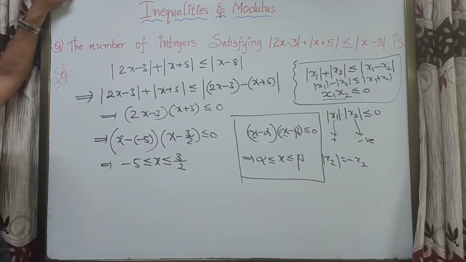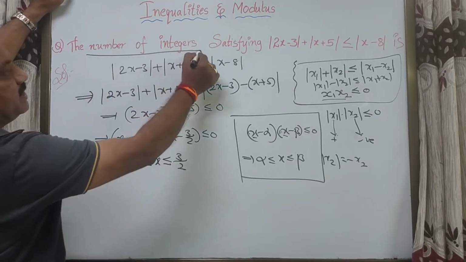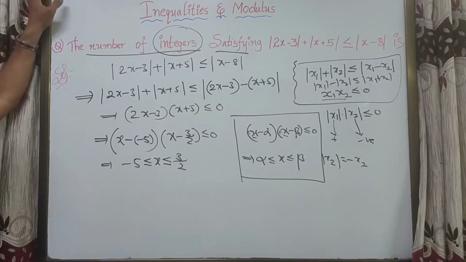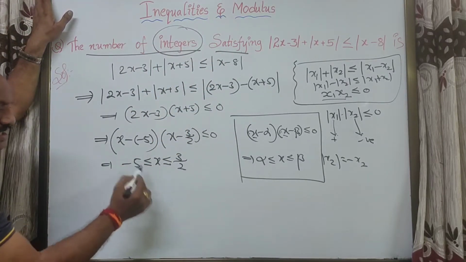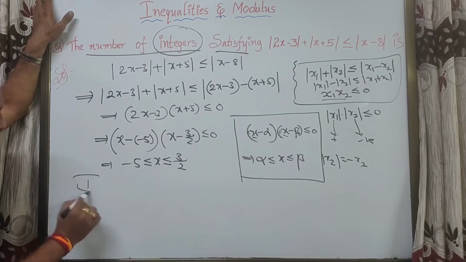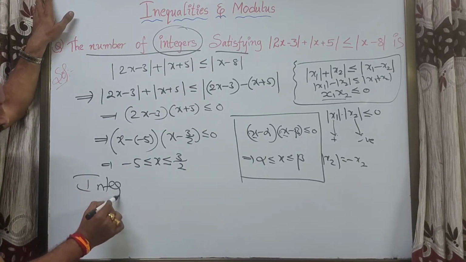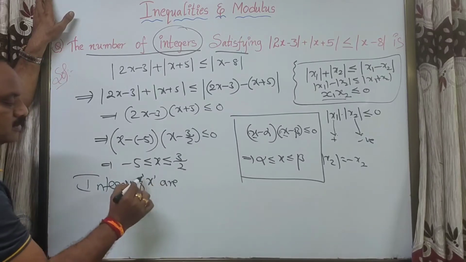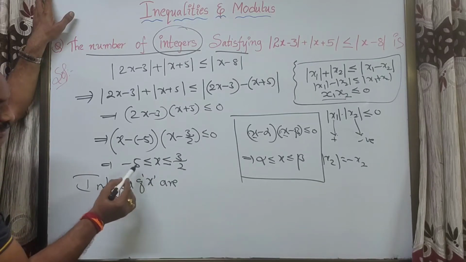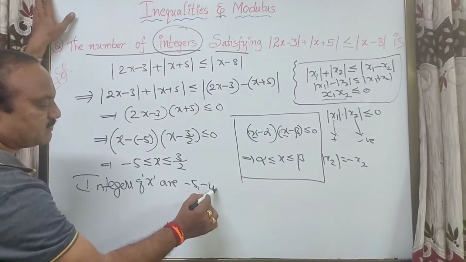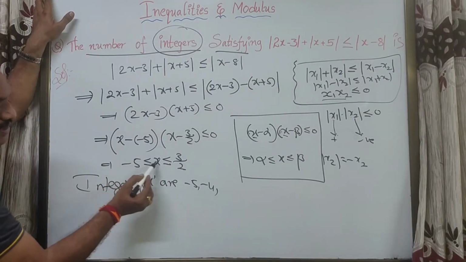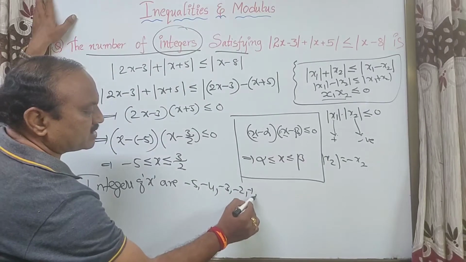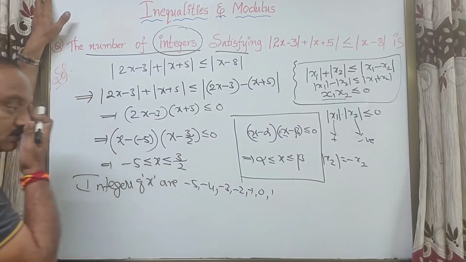The number of integers satisfying in this interval are what? Integers of x are -5, -4, -3, -2, -1, 0.